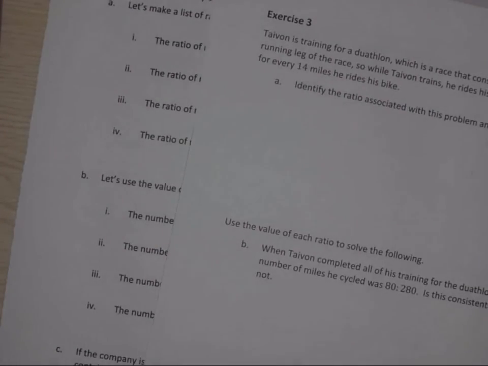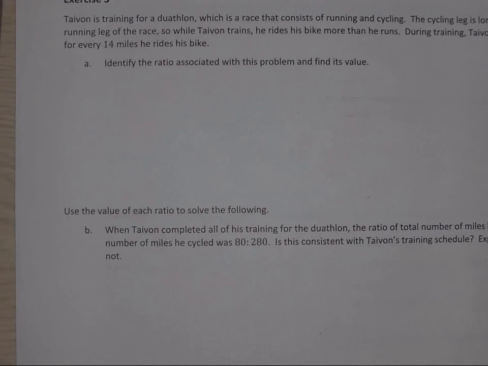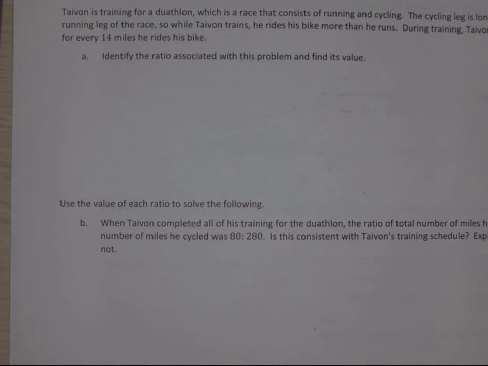Let's move on to exercise 3 on page 34. I love this example. Okay, I'm going to read it to you, and then you're going to work together as partners to solve it. So, Tavon is training for a do-a-thon, which is a race that consists of running and cycling. The cycling leg is longer than the running leg of the race.